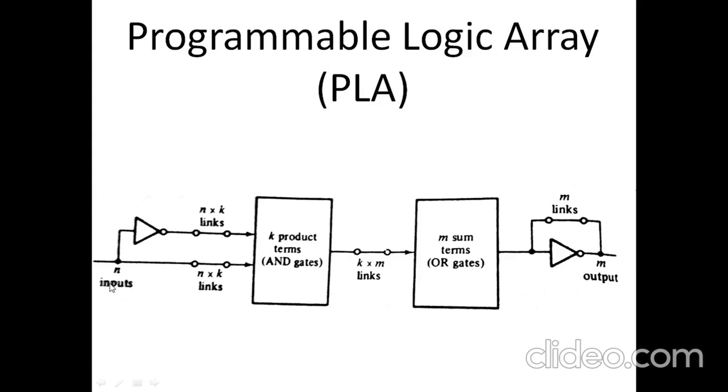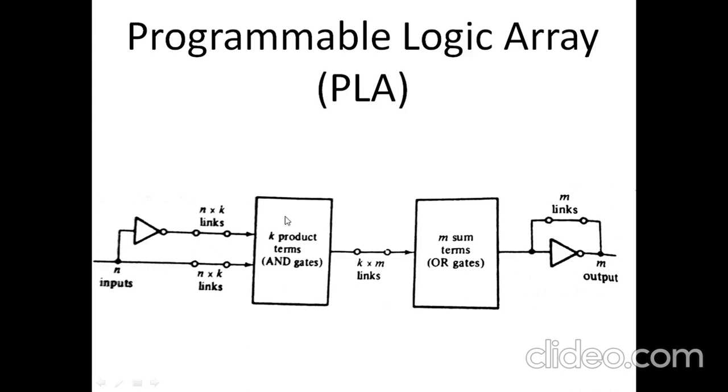For every input there is a complemented form of that input and a normal form of that input. For example, if there is a Boolean variable a, then a prime is also produced and just a is also produced.